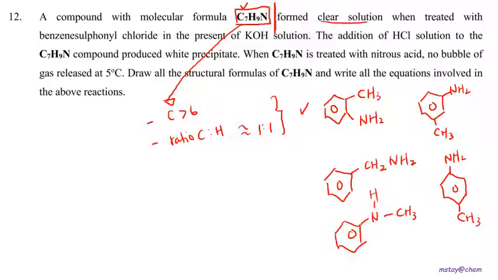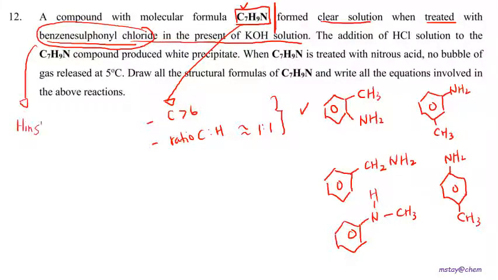It forms a clear solution when treated with benzene sulfonyl chloride in the presence of KOH. When we have the clear solution, we get the idea of a primary amine, because when we see benzene sulfonyl chloride, we know it is a Hinsberg test. For the Hinsberg test, primary gives a clear solution, and then we have a precipitate after HCl is added.